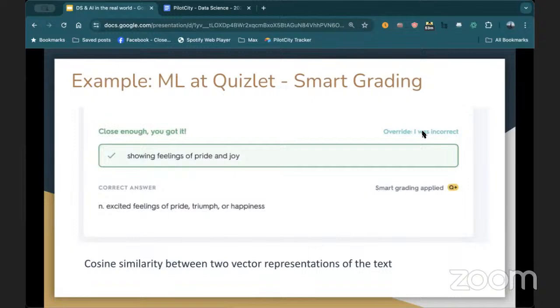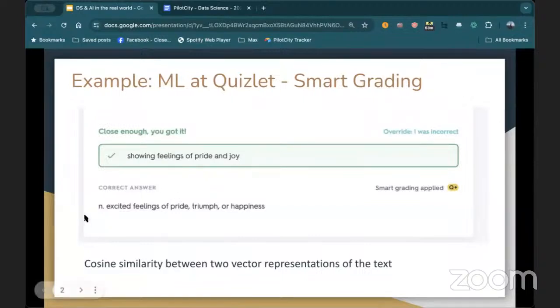Yeah, I know. After we released the paywall on learn mode, students got super upset. But it was using a lot of fancier ML. So in smart grading, before, your answer had to exactly match the correct answer.